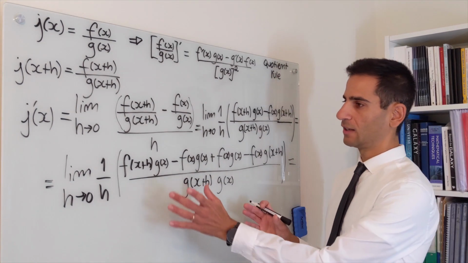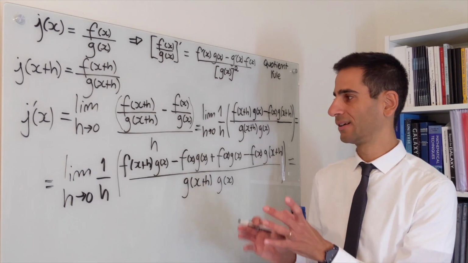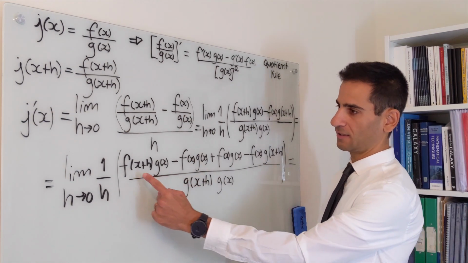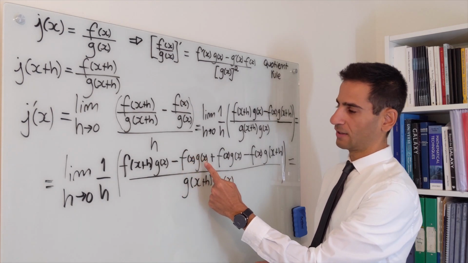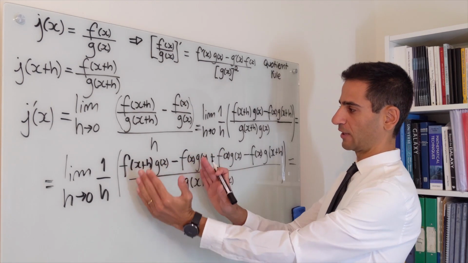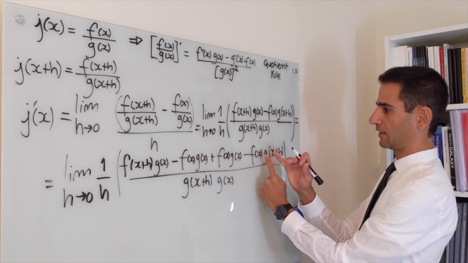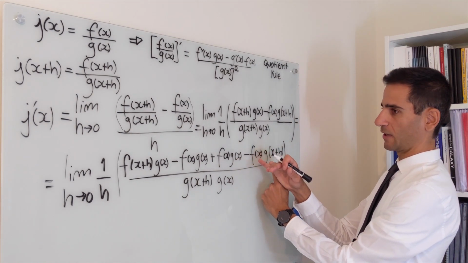What we're going to do now is to start splitting the limit. We can actually see here f of x plus h times g of x, minus f of x times g of x. And we're going to break that apart, and we're actually going to split this the other way around.